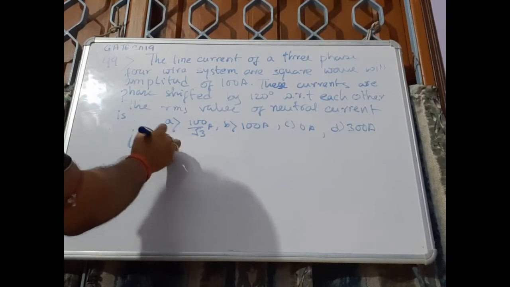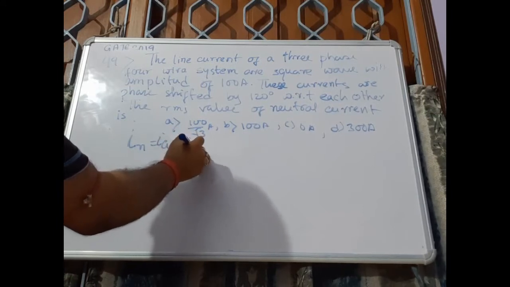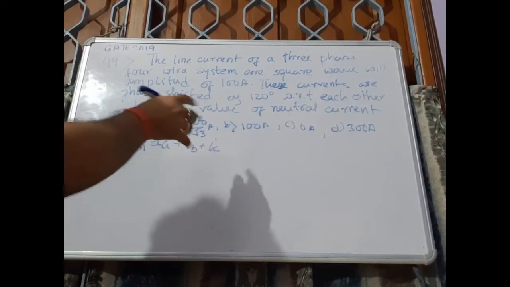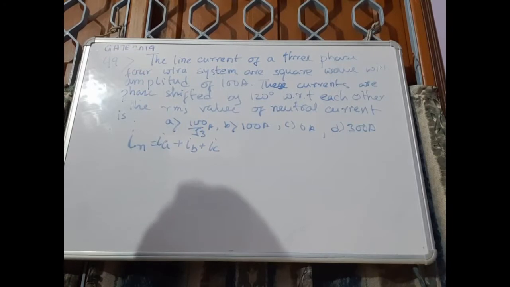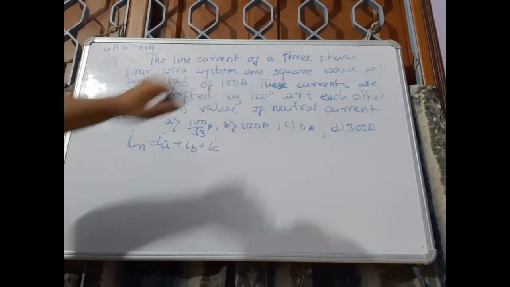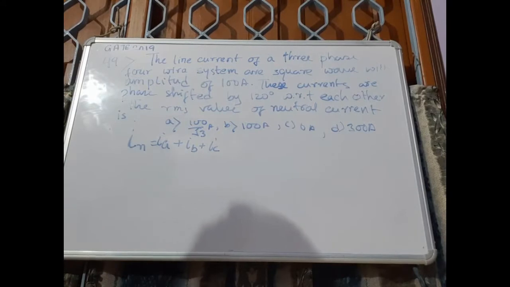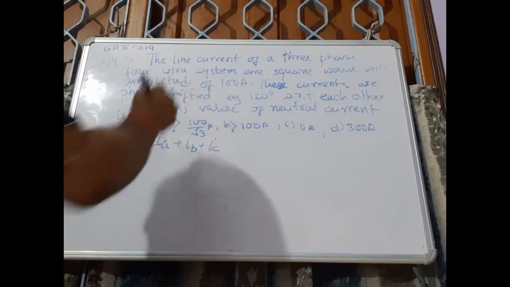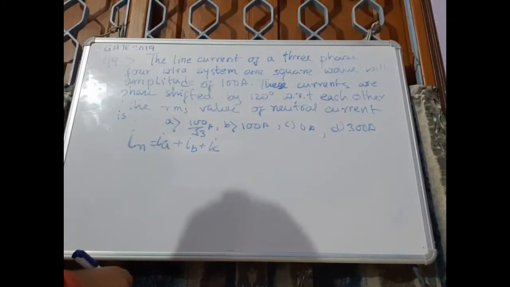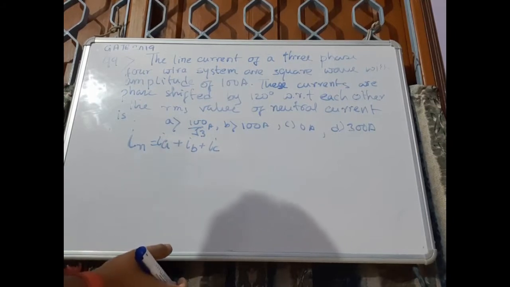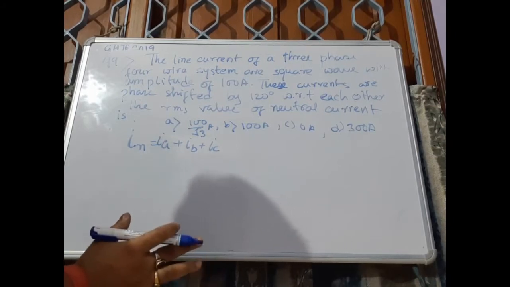IN equals IA plus IB plus IC for a balanced three-phase system. Here it is balanced, as the amplitudes are 100 ampere and phase shifted by 120 degrees. So these currents are balanced.